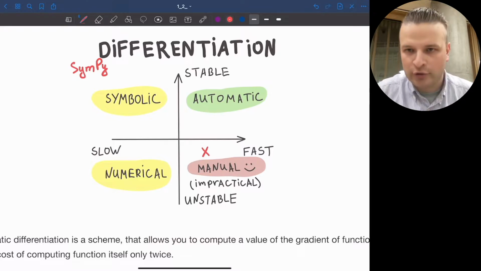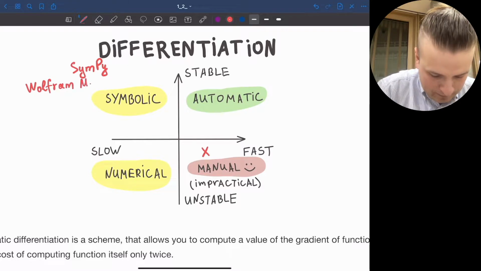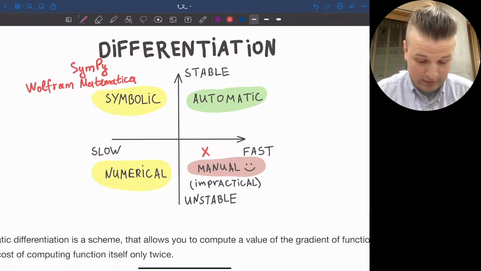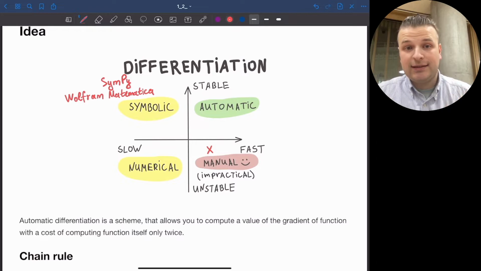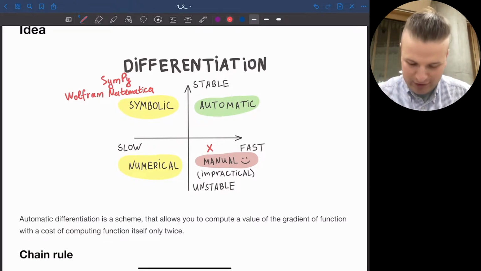Also, a very well-known product of this type is Wolfram Mathematica. I hope I didn't make a mistake here, but it doesn't matter so much.